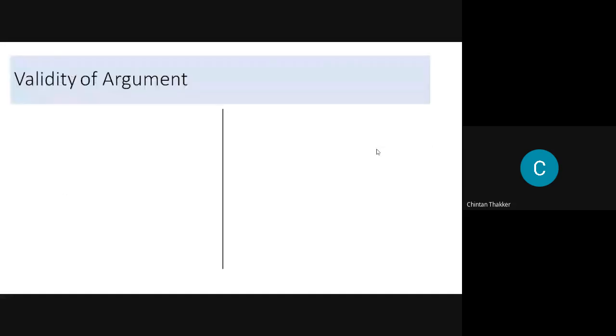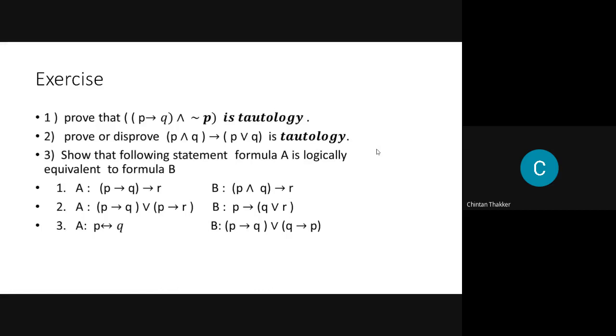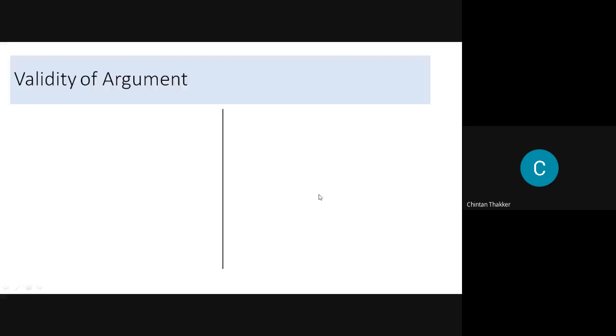Then we have this exercise, which we already did. We proved the first is a tautology, the second is a tautology. In the third, A and B are not equivalent. In the next, A and B are equivalent, and in the last, again we checked that they are not equivalent. So this exercise we already did.